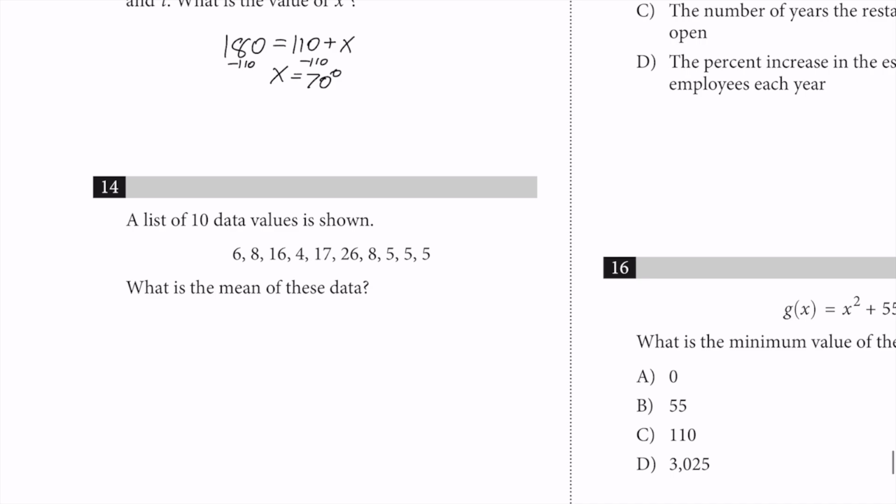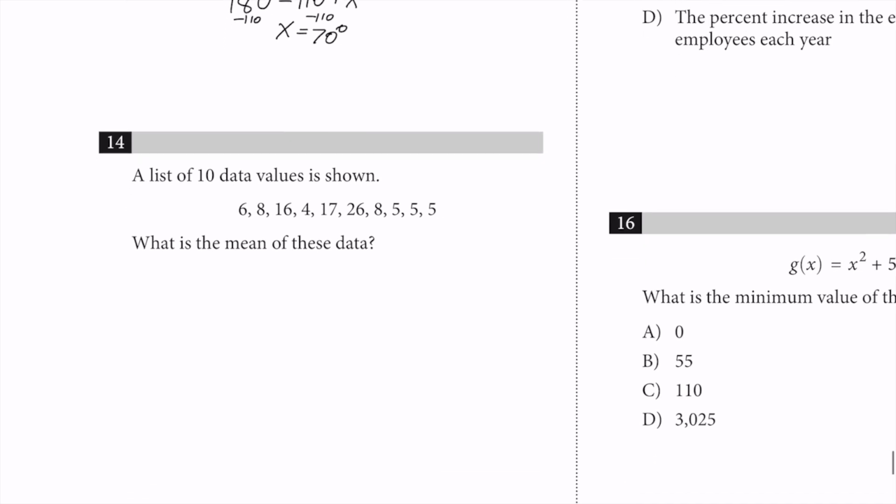A list of 10 data values is shown. What is the mean of these data? So for this, you're just going to add it up and then divide by 10. They tell you there are 10 values.